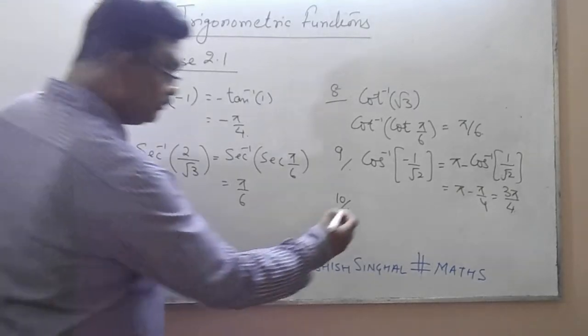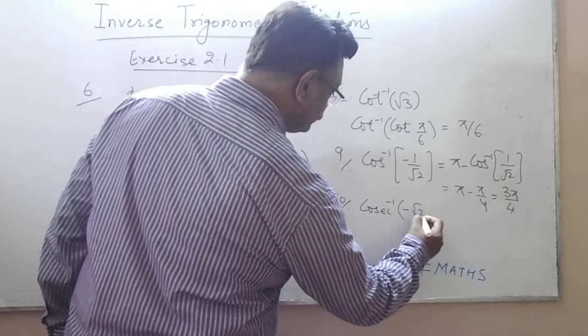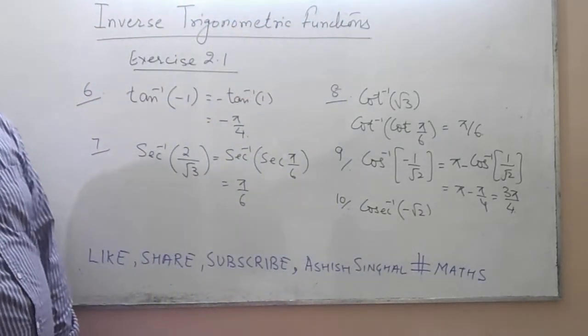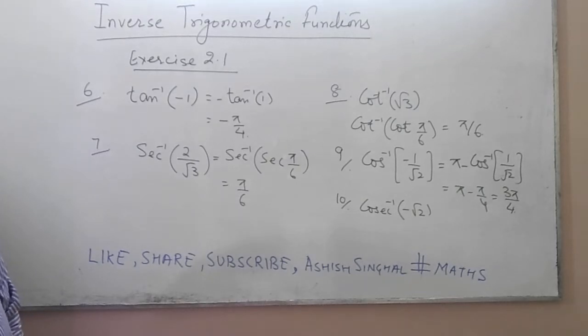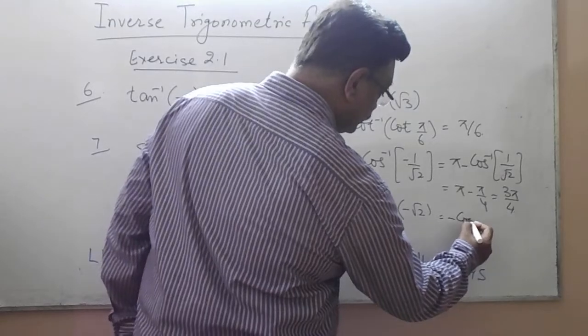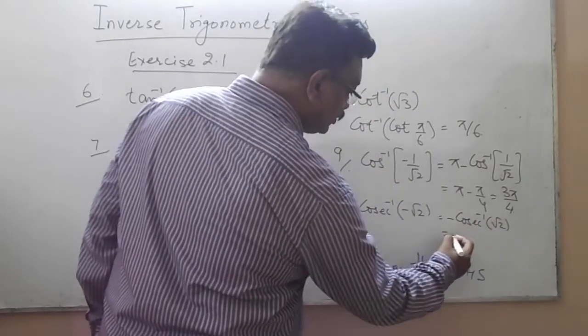is cosec inverse minus root 2. Cosec inverse minus root 2. So in this case, we can take minus common. This will become cosec inverse root 2, and cosec inverse root 2 is pi by 4.